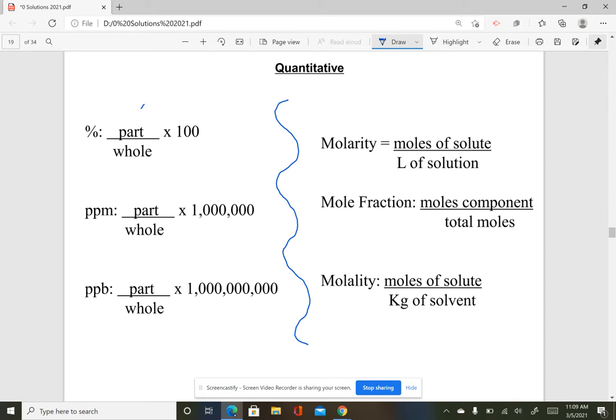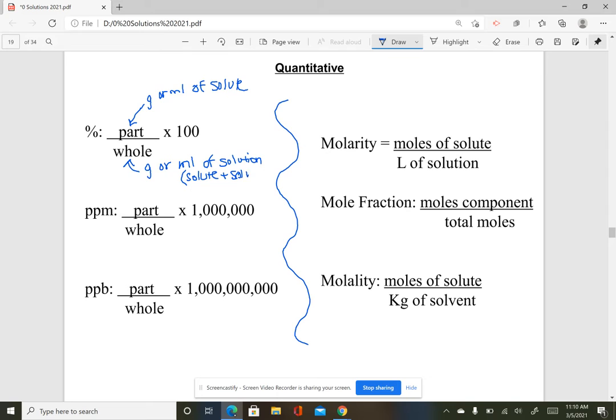So I'll label that: grams or milliliters of solute. And on the bottom, you have the whole solution. So that's your grams or milliliters of solution. And when I say solution, that's your solute and your solvent.